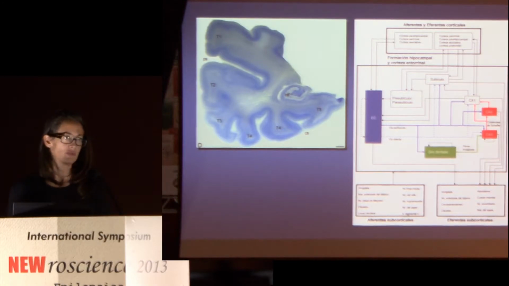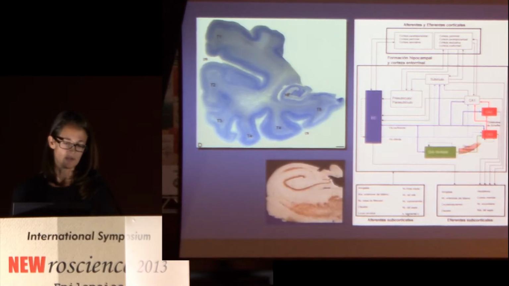So, if we put together all this information, we have to consider that the hippocampus is integrated in a very complex circuit, and in hippocampal sclerosis there is a massive neuronal loss, and probably this part of the circuit is altered.